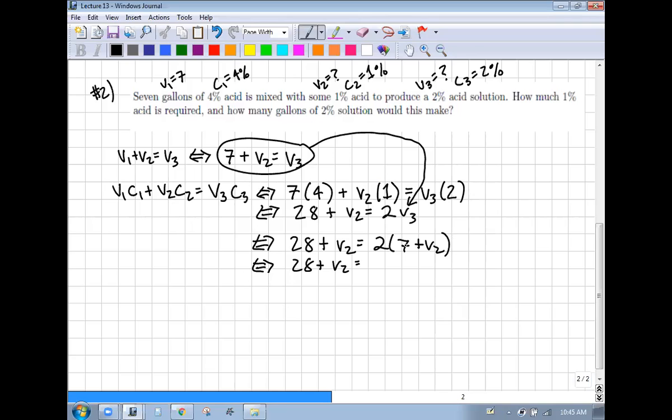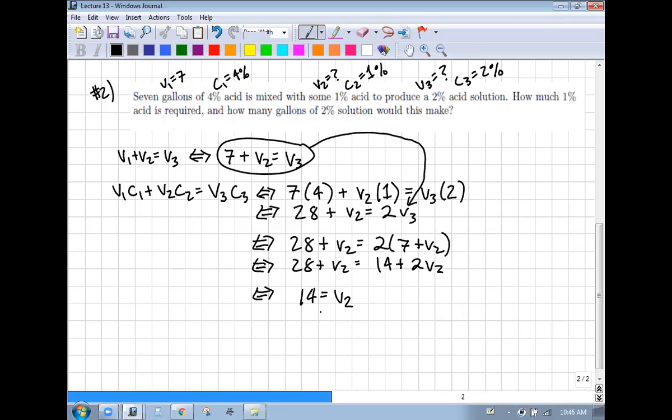If I multiply this out over here, 2 times 7 is 14. And we have 2V2. If I subtract 14 from both sides, I get 14. And I'll subtract V2 from both sides. 2V2 minus 1V2 is just V2. So I solved one of the variables.